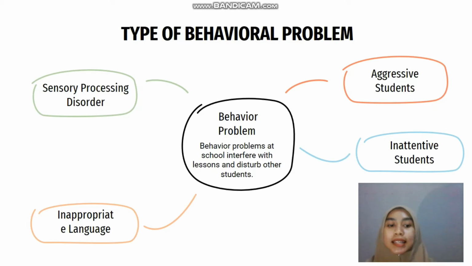Okay, lastly is inattentive student. Inattentive students tend to fall behind their classmates unless appropriate steps are taken. In certain cases, students may suffer from attention deficit hyperactivity disorder, which causes them to have difficulty controlling their behavior.